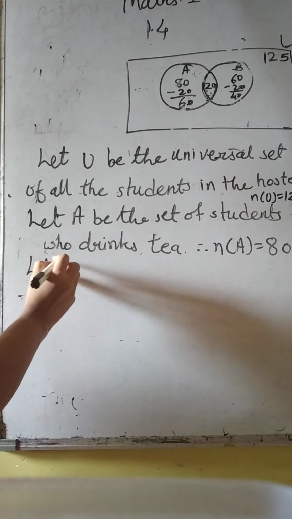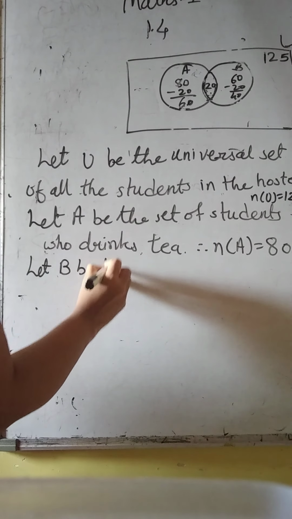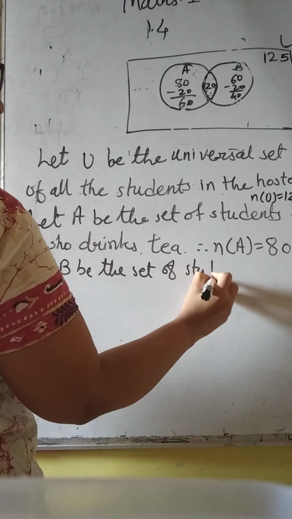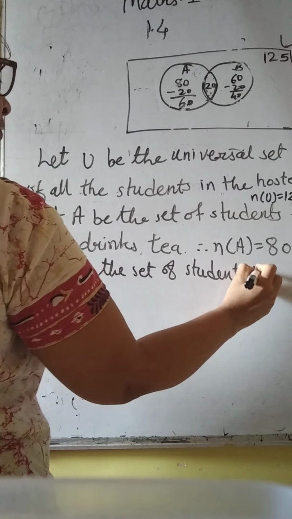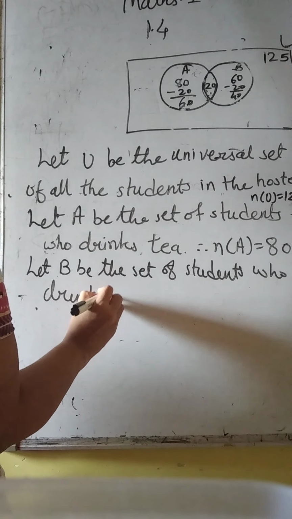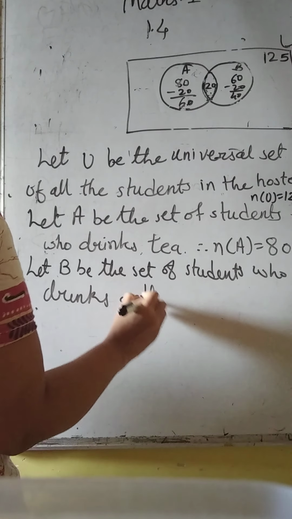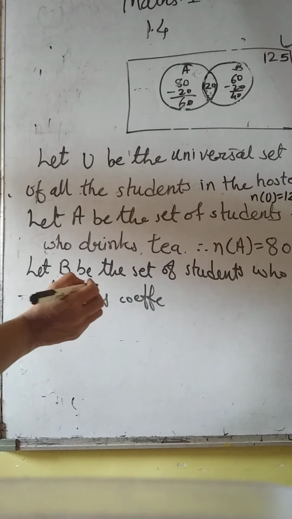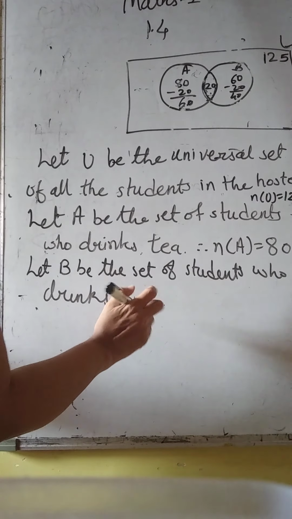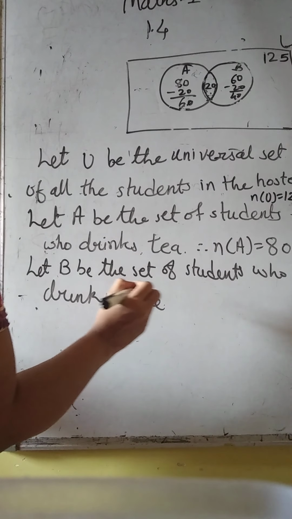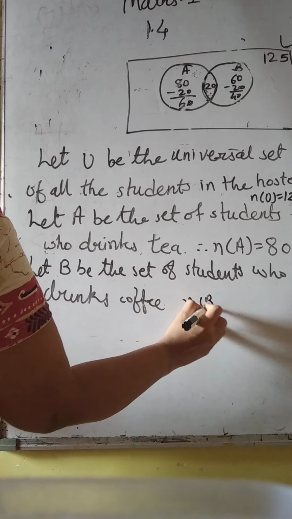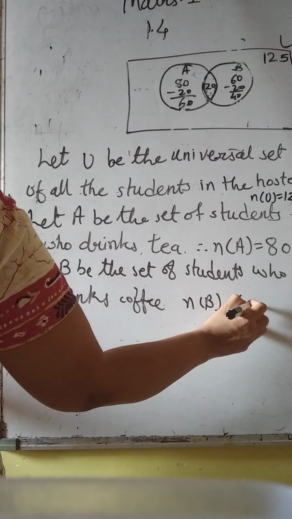Now we will write down about B. Let B be the set of students who drink coffee. So N of B is 60.